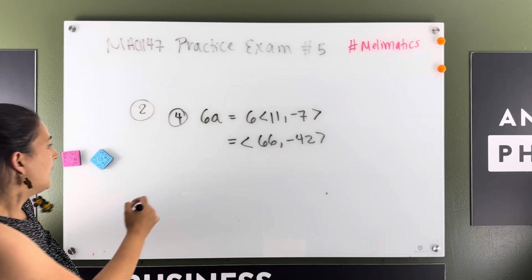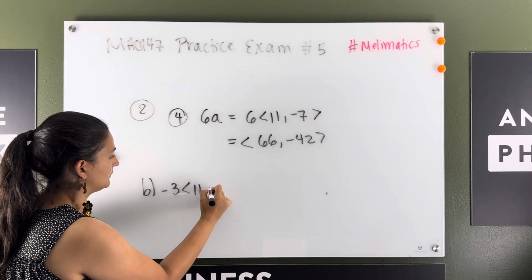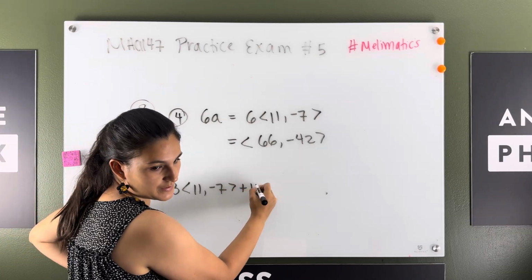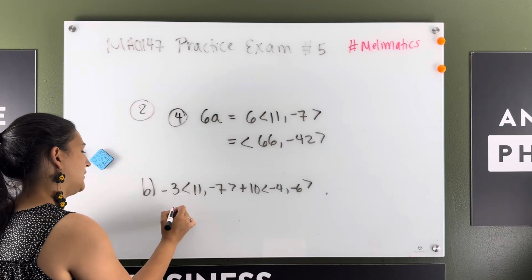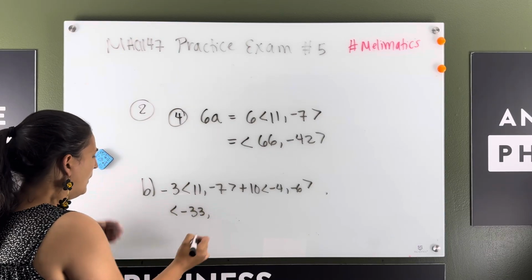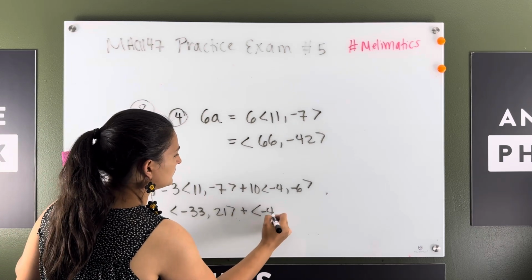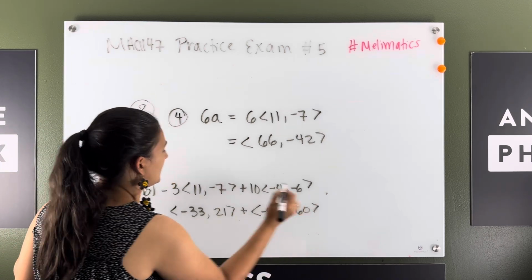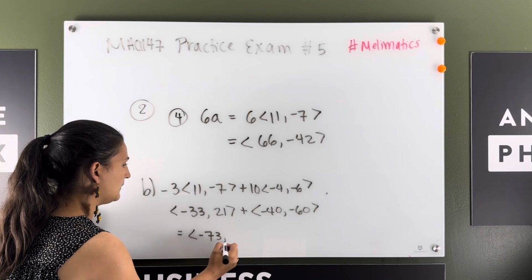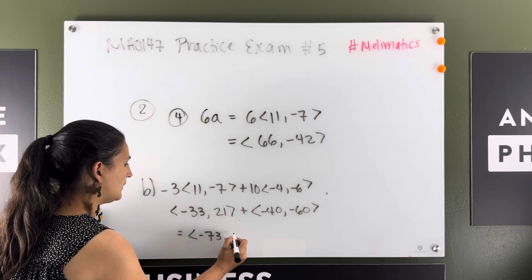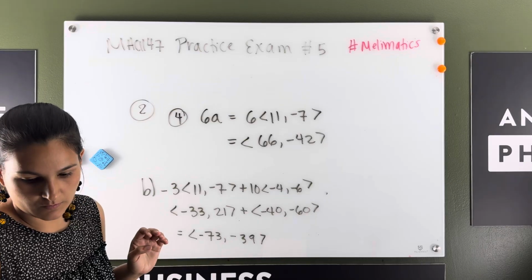For part B, it's going to be -3 times A plus 10 times B. This is kind of similar to the matrices in the sense that you're just completing the operations. It's not like a lot changes except the coefficients. Let's see, it's negative 39. Perfect.